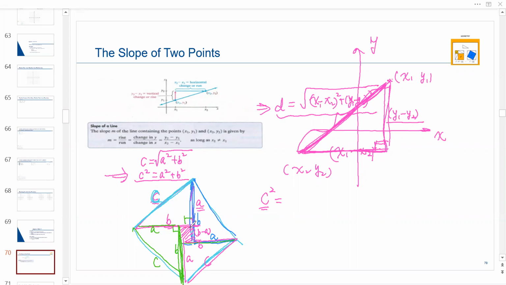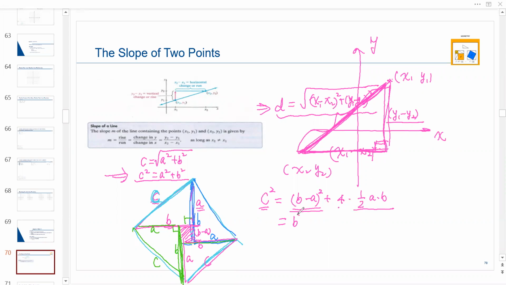C square is made of this small square, with side B minus A, so its area is B minus A squared, plus four of these triangles. Each triangle's area is half of A times B, and we have four triangles.